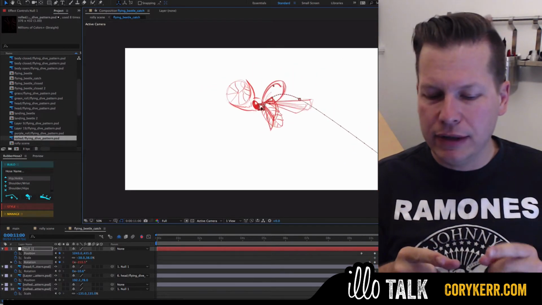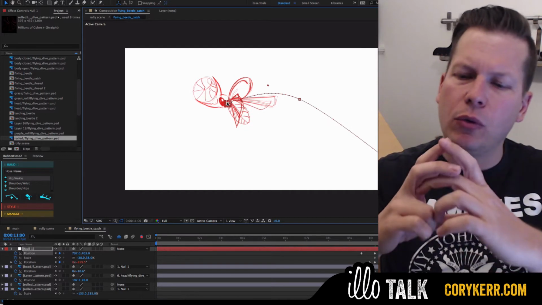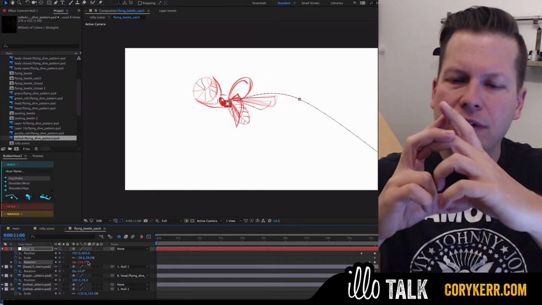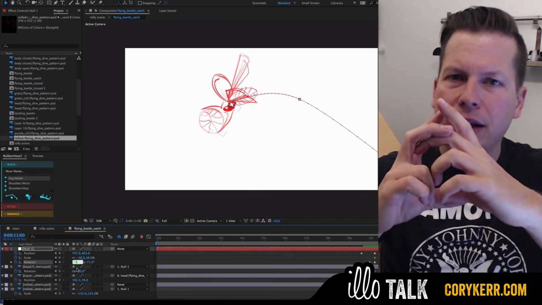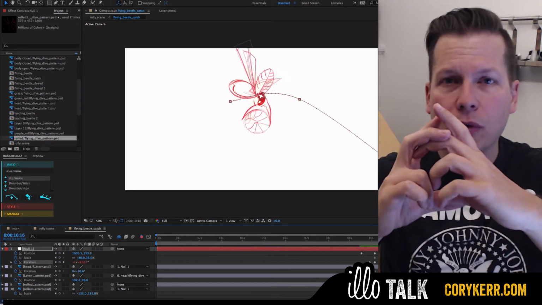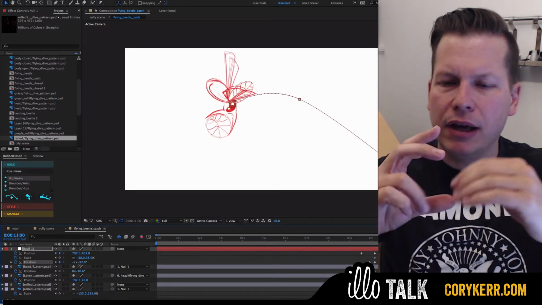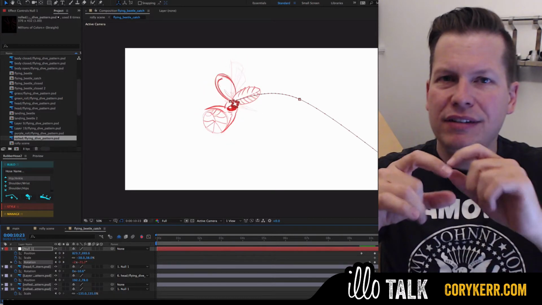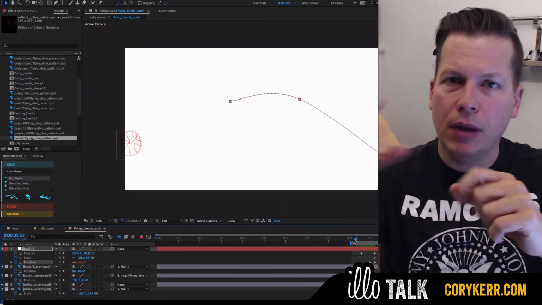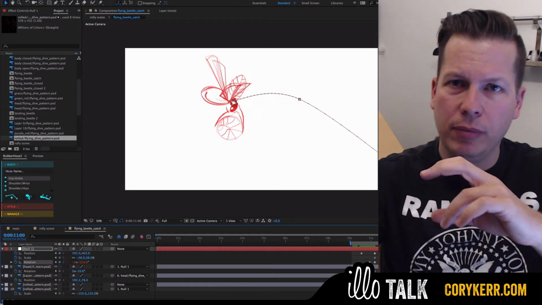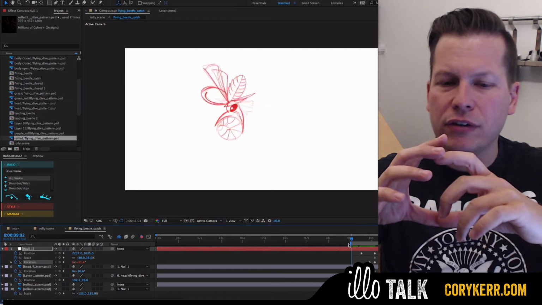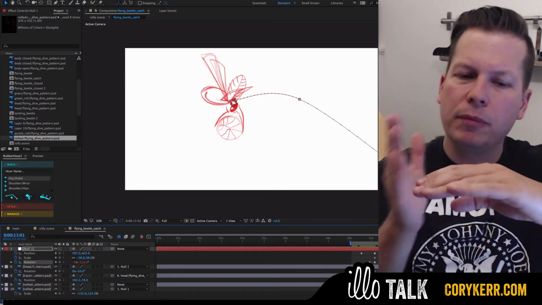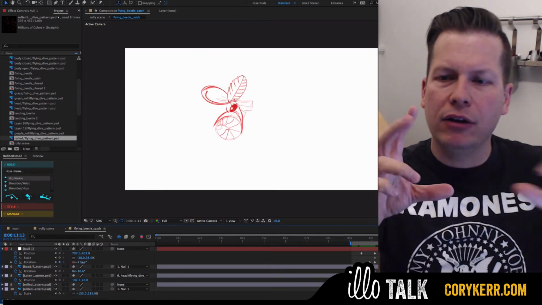And so what I did is I started in the middle when it was attached, to the point that they meet, and I lined everything up, and then I made a copy of that roly-poly. I parented the one to the beetle, and I didn't parent the other one to the beetle so that it's just on its own, and I worked backwards from that point so that I knew when they met.